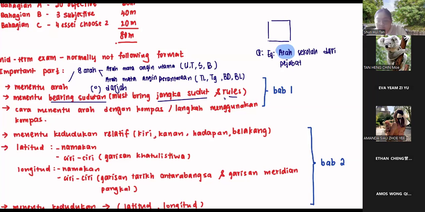All right, same, they might give you a question. Is it only first term that uses jangka sudut? No, it's the whole Form 1. For the whole Form 1 geography, you will need it. But just because it's your first term exam, I emphasize again, in case you forgot, because some of you still don't have it in your pencil case.